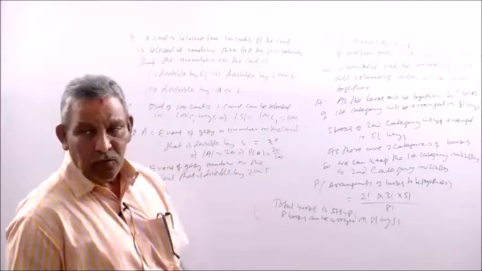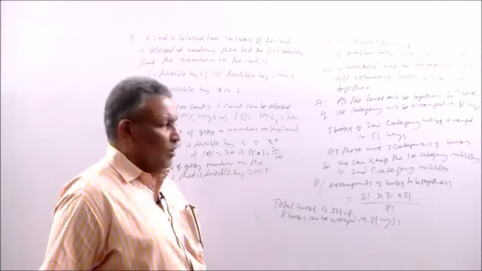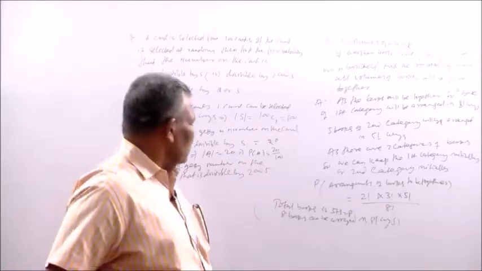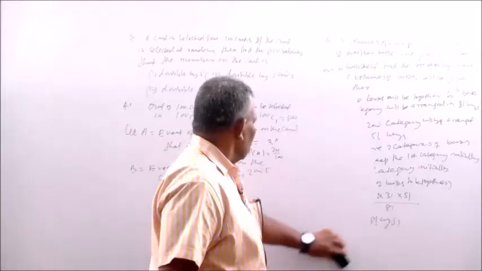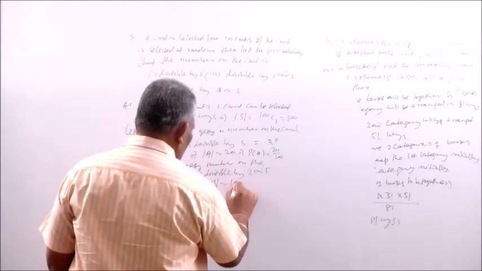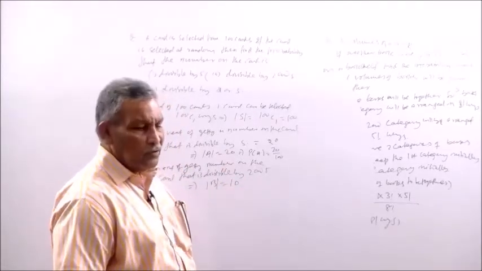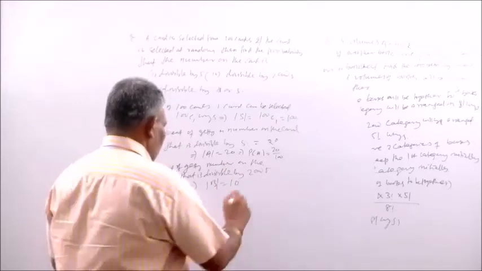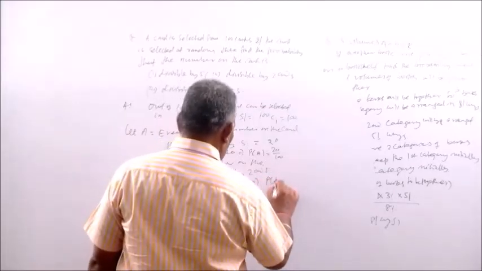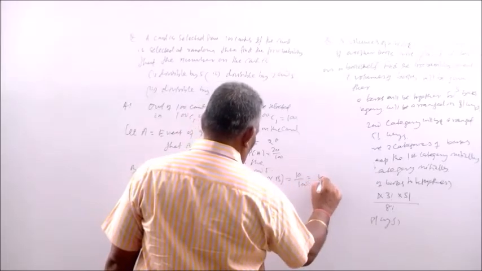Just take the LCM of 2 and 5. The numbers which are divisible by both 2 and 5 are ultimately divisible by 10. That implies cardinality of B equals 10, because there are 10 numbers between 1 and 100 which are divisible by both 2 and 5. So in this case, the probability of B equals 10 by 100, that is 1 by 10.